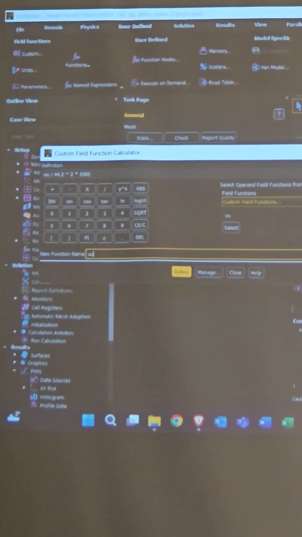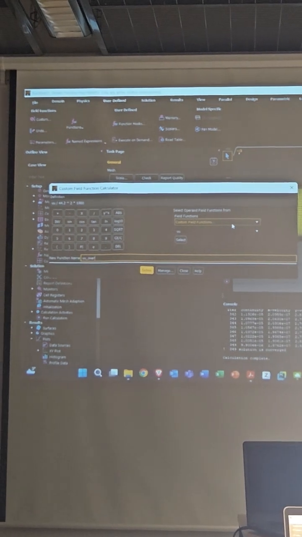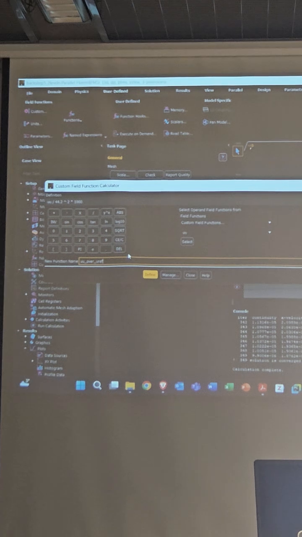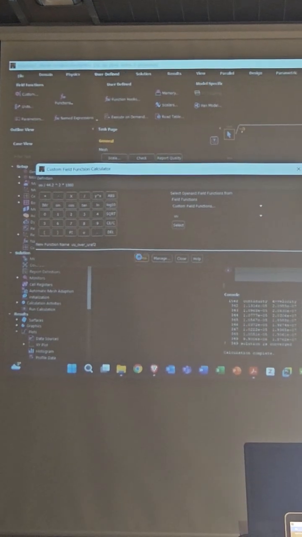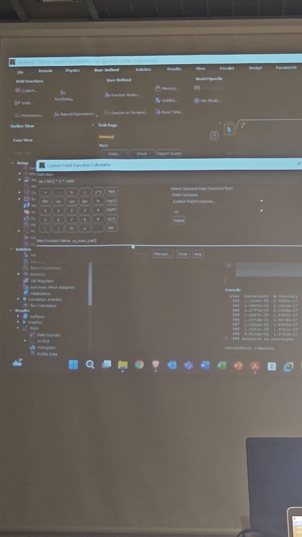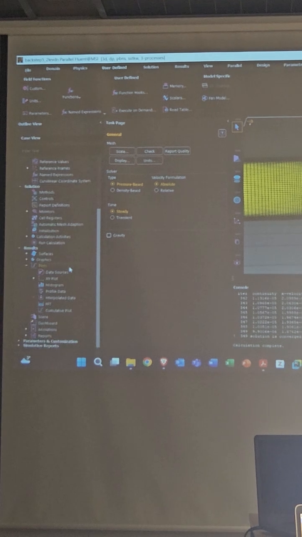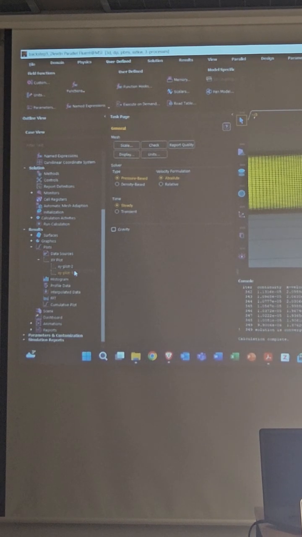So this is UU over uref to the power of 2. And you can do the same for VV. Now, before the time is ending, I can plot.